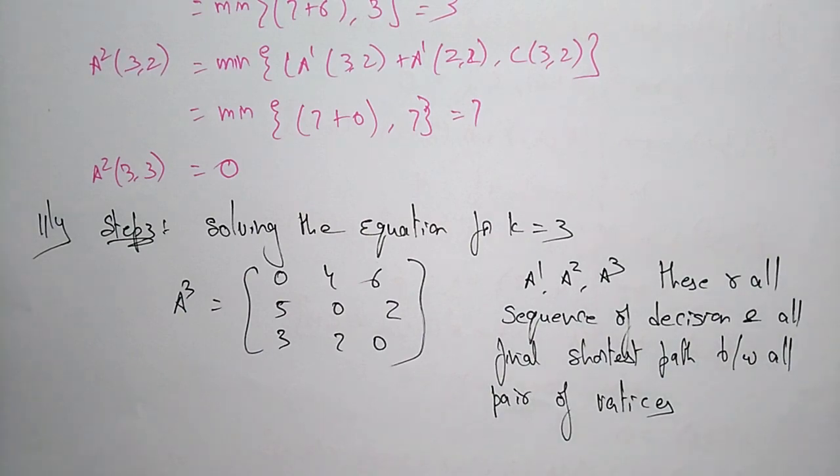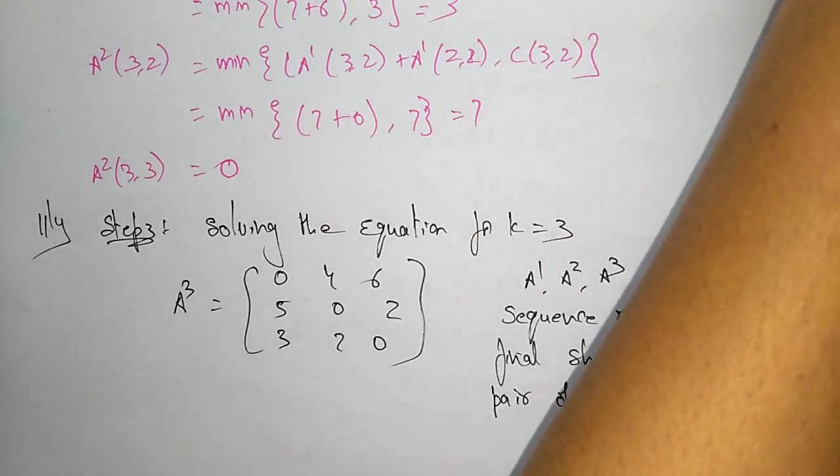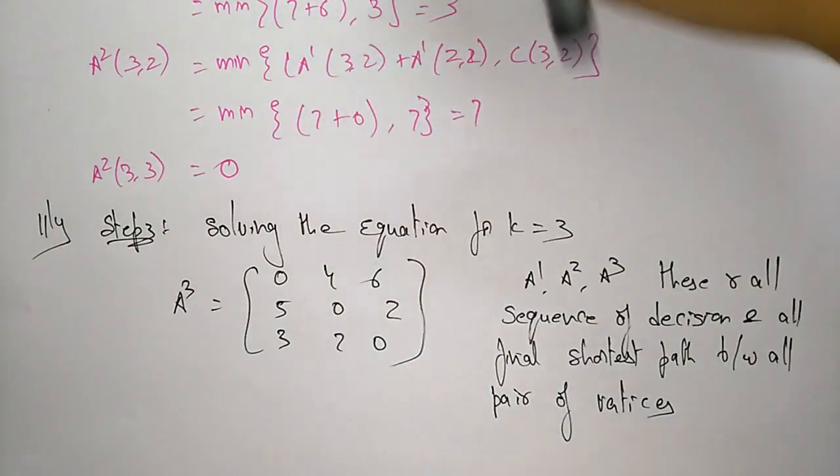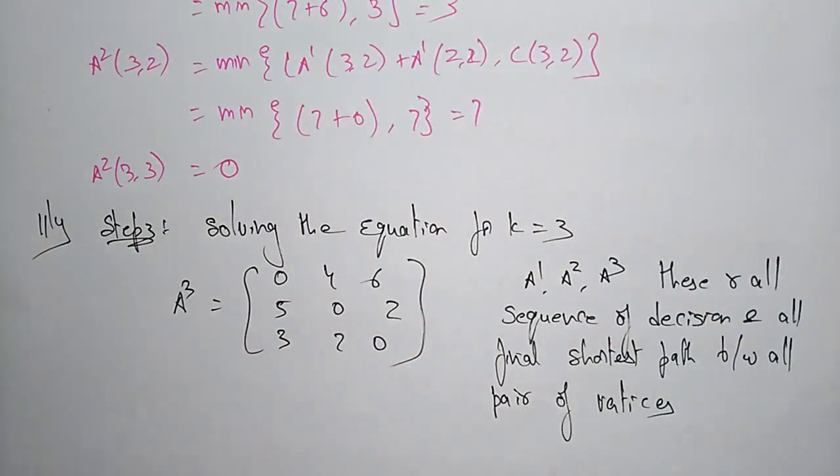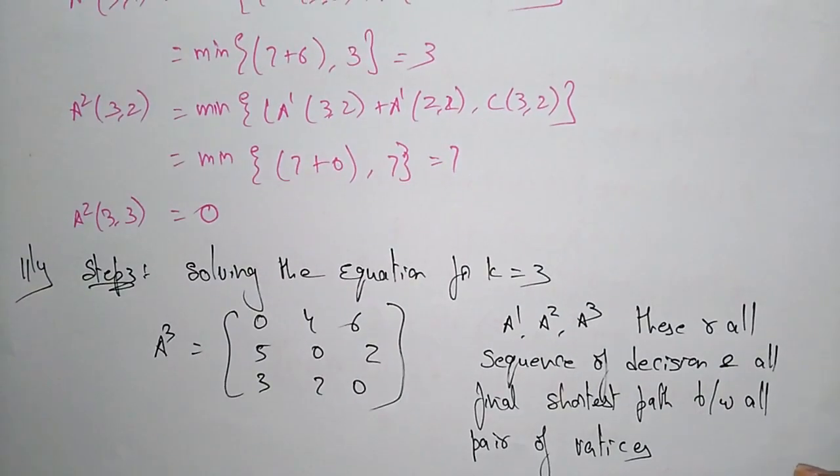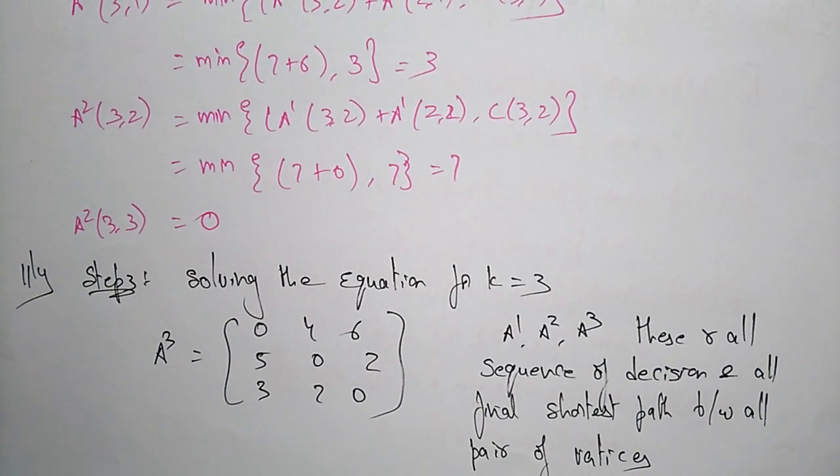Okay, so these are all the different decisions that are taken by the different vertices. So with the help of that, we can find out the shortest path, so whichever is having the shortest path, that we can select. So this is about the all pair shortest path algorithm. Thank you.